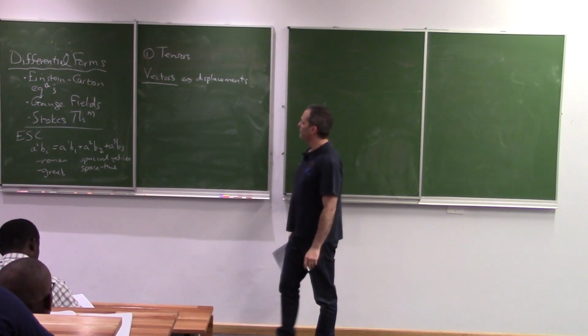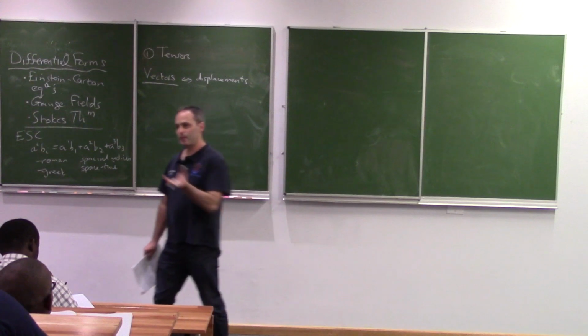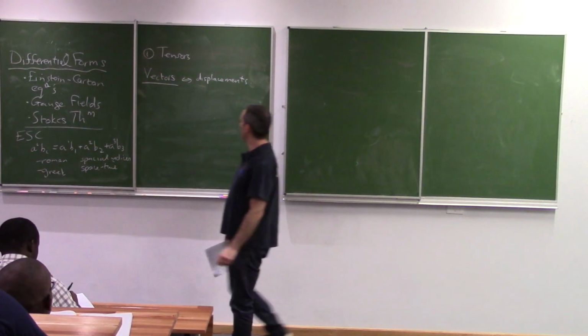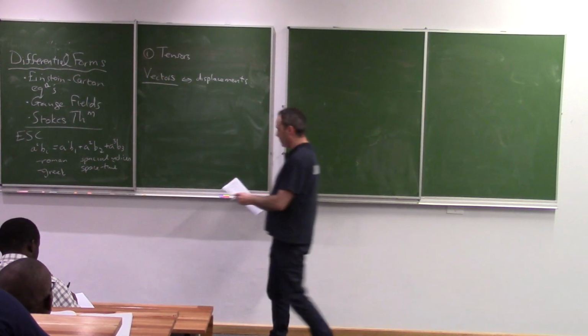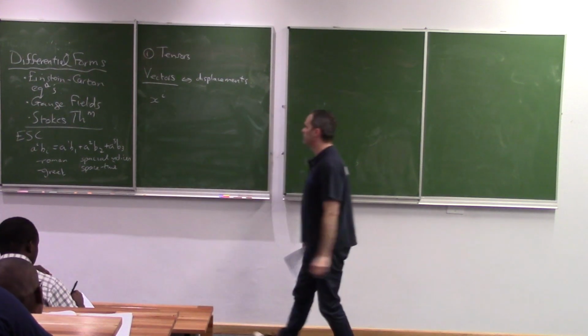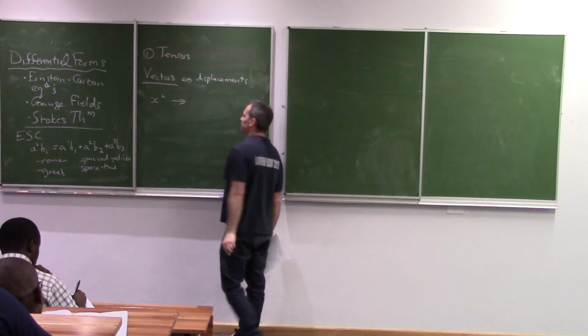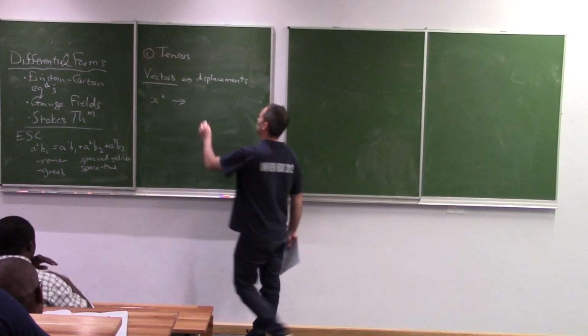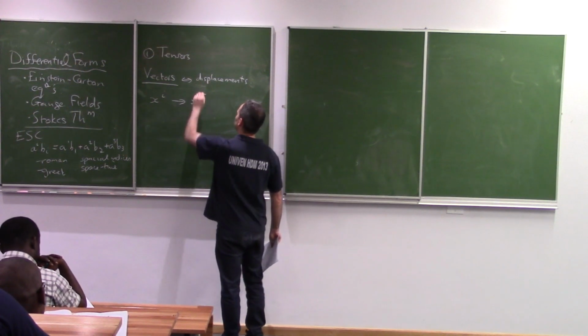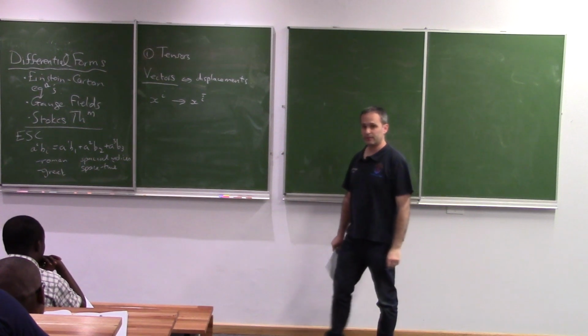So vectors are anything which transforms in the same way that the displacement does. So let's say I have a vector which has some components, and I perform some coordinate transformation, and it goes to some new vector which has different components.